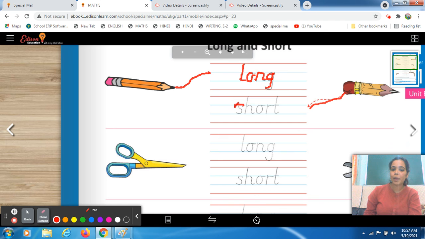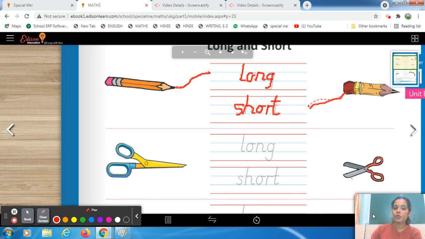Sh sound comes from a blend, S, H, short. That is a blend. Okay, when two consonants combine it will give you one sound, it's sh. So when S and H consonants combine it will give you the sound sh, right? SHORT, short. This one is short pencil.